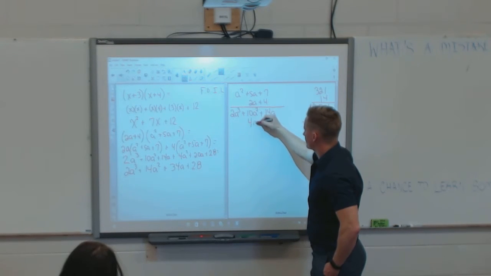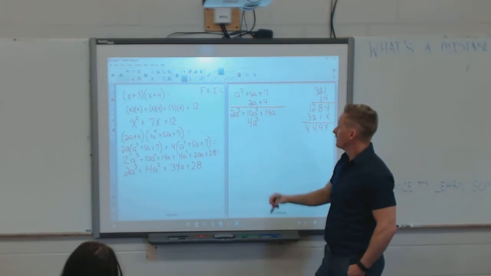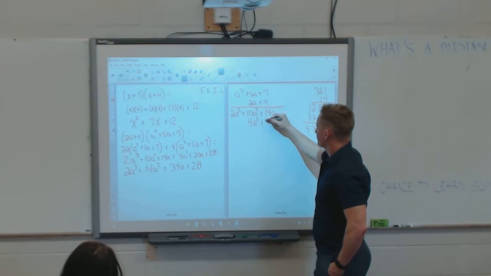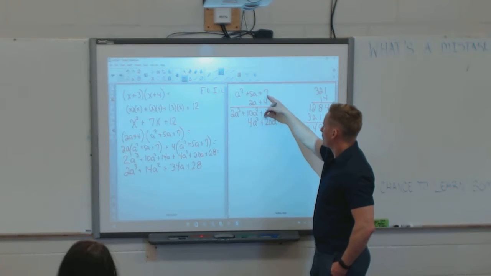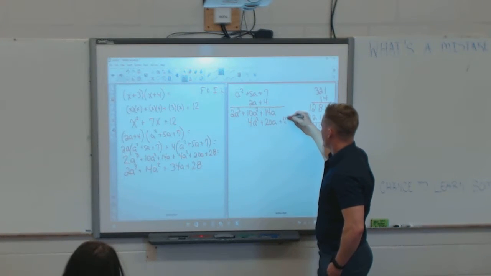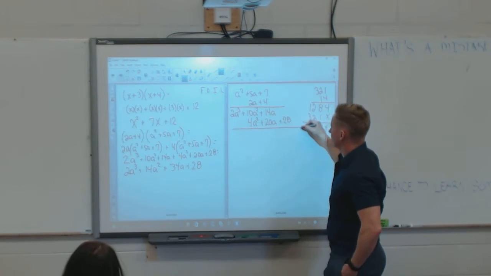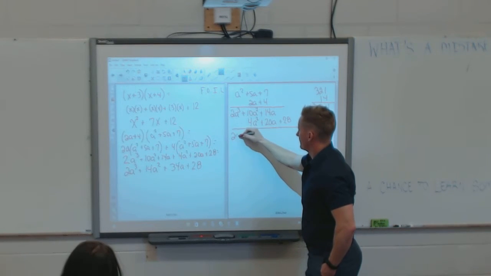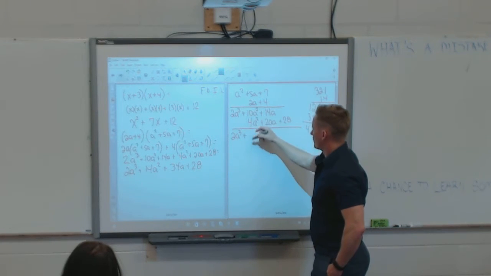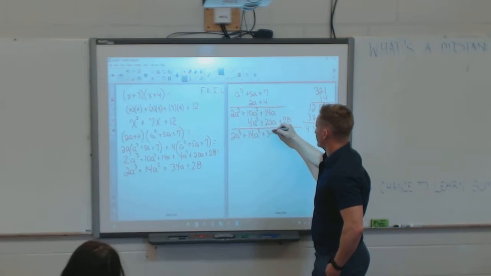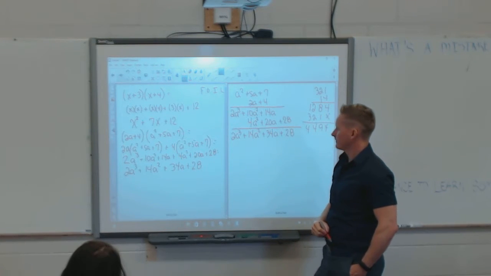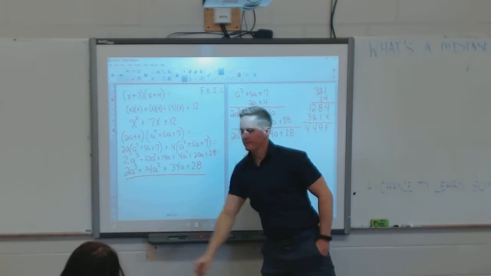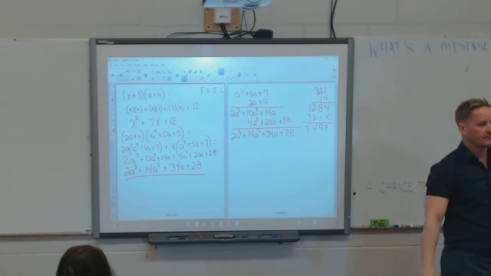I'm going to line it up with the a squared then. 4 times 5a is 20a. 4 times 7, 28. I draw my line. 2a cubed. 14a squareds. 34 a's. And 28 singletons. Exactly the same as that.